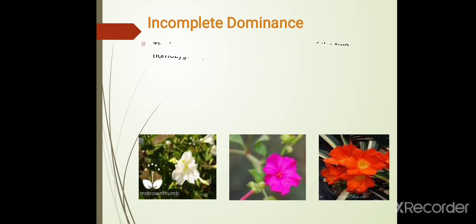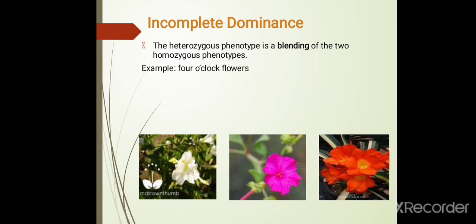So we have here the incomplete dominance. When we say incomplete dominance, the heterozygous phenotype is a blending of the two homozygous phenotypes. Meaning, one allele is not completely dominant over another.